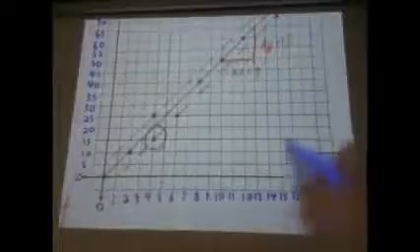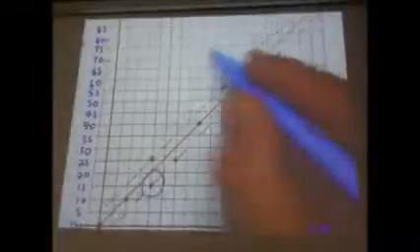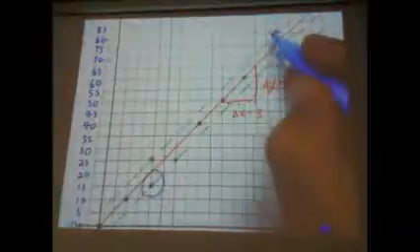So the height of a human with a forearm length of 15 centimeters, we go up. Sorry, I didn't see that. We go up. The lowest point is 70. The highest point is 80.